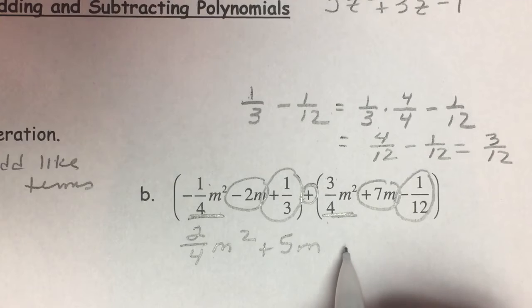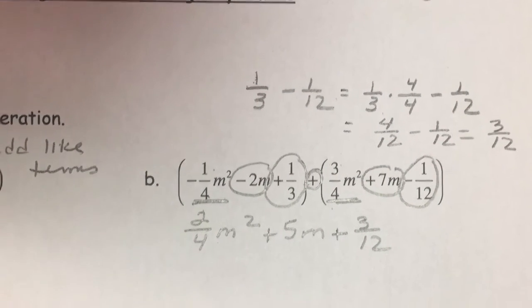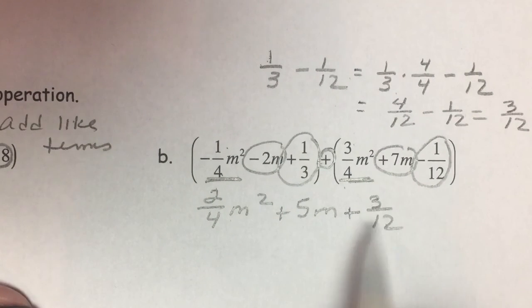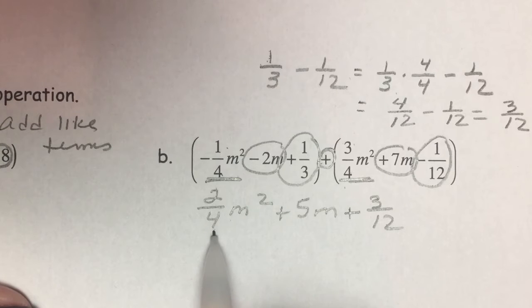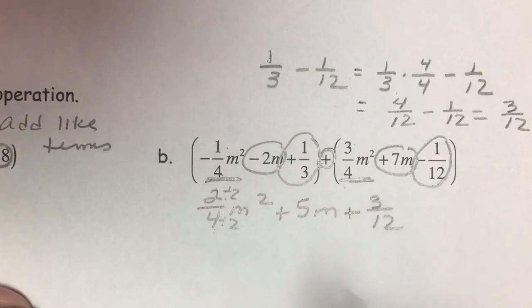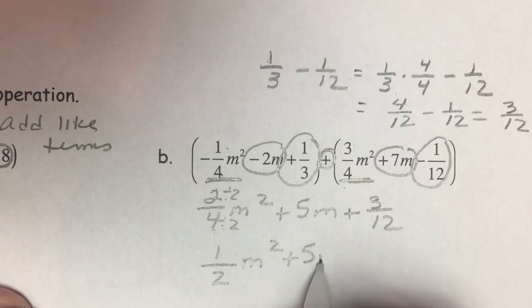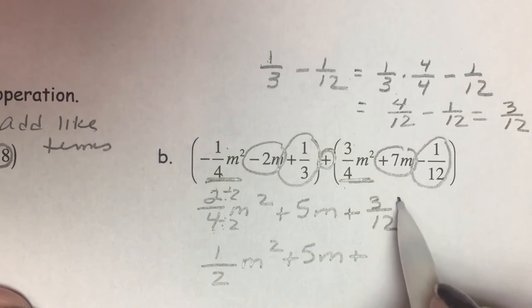And yes, I know that that reduces, but again, I'm going to put right here plus 3/12 because it's positive, and we're going to reduce that in our next step because not only does that fraction reduce, so does this one. 2/4, I can divide both top and bottom by 2. So 2 divided by 2 is 1, and 4 divided by 2 is 2. So 2/4 reduces to 1/2 m squared plus 5m plus, what can I divide both top and bottom of this last fraction by?